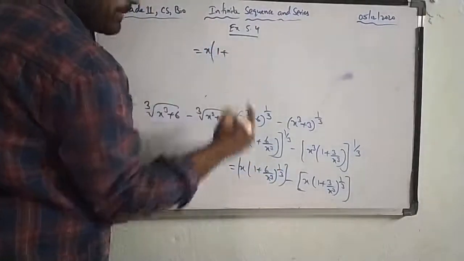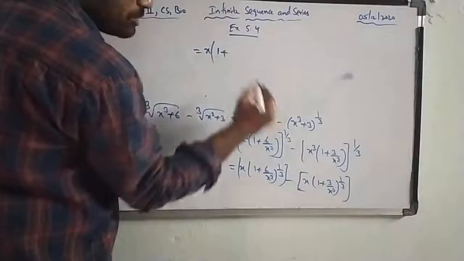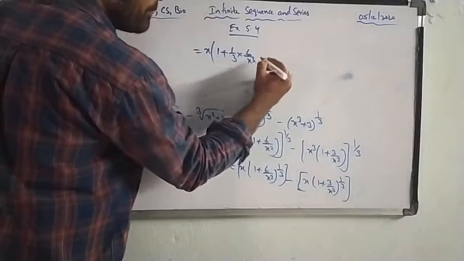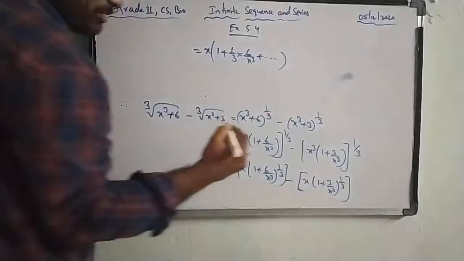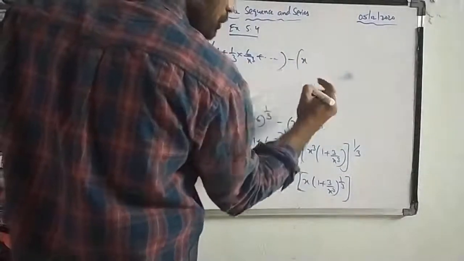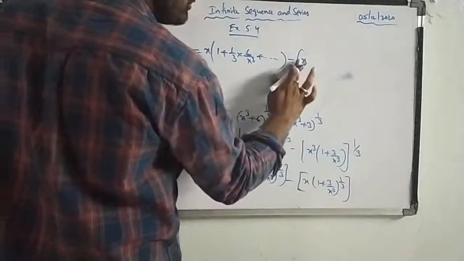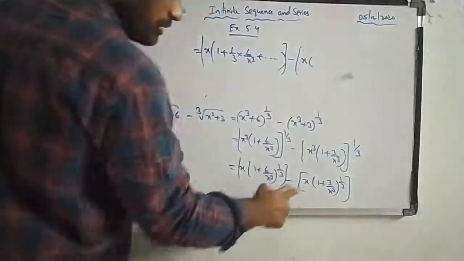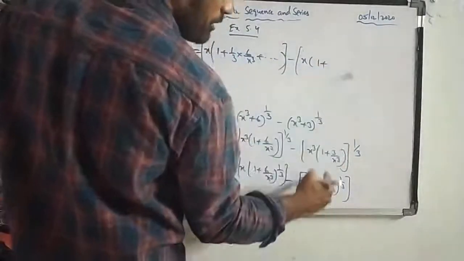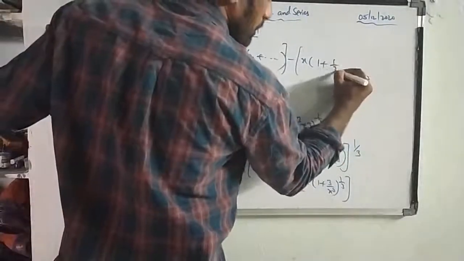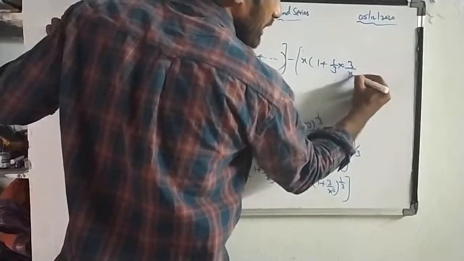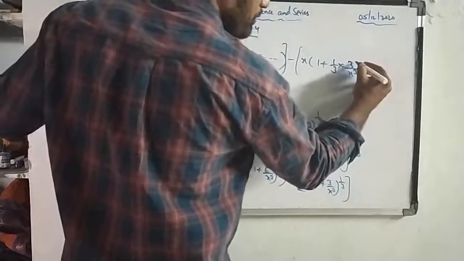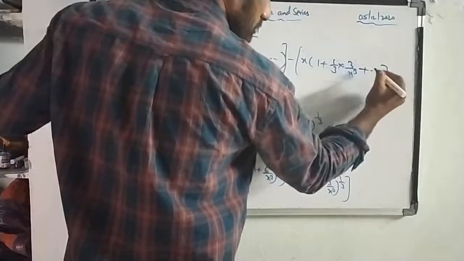So we can take 1 plus nx, n is 1 by 3, into 6 by x cube, plus so on, minus x into, this is also (1 plus x) whole to the power of n, 1 plus nx, that is 1 by 3 into 3 by x cube, plus so on.